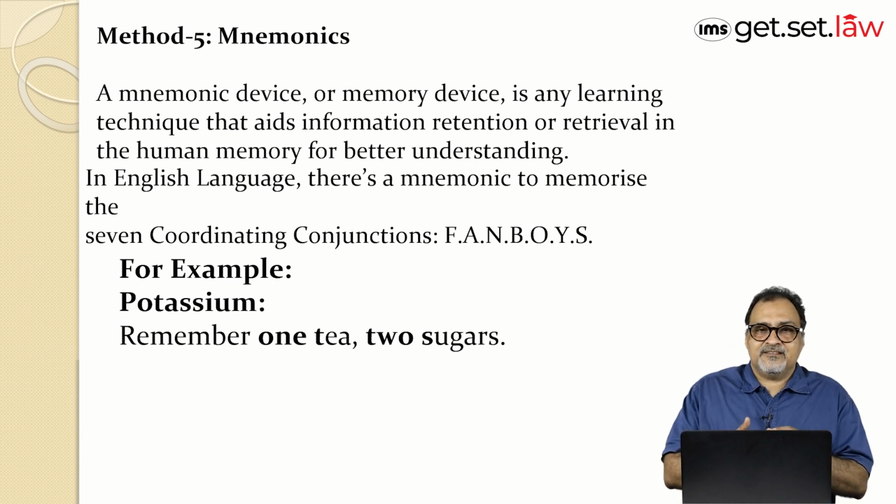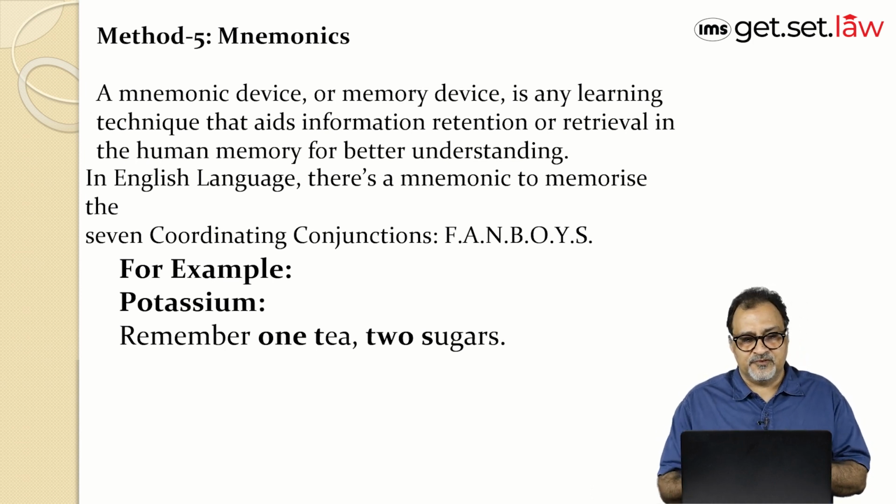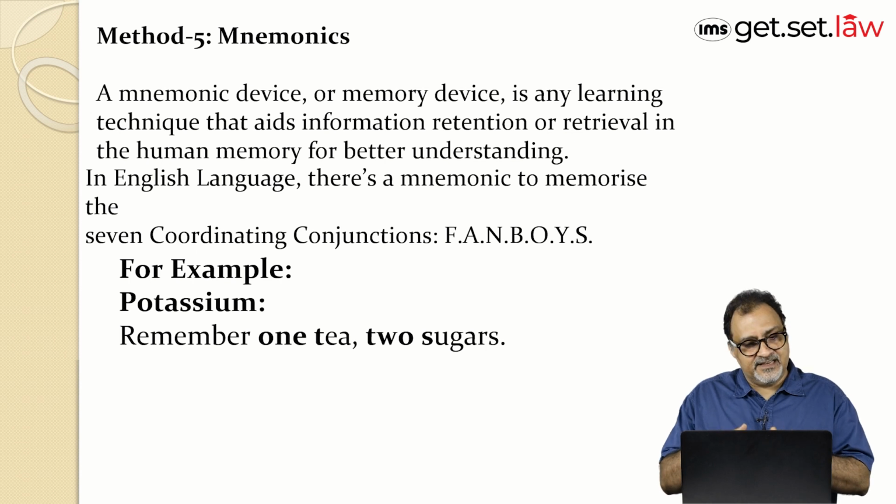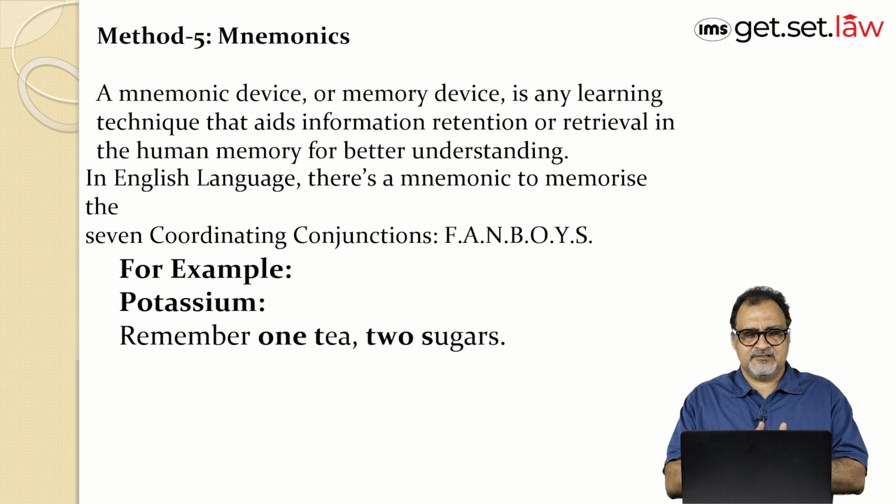For example, if I have a problem with remembering whether potassium has a single T or a double T, a single S or a double S, I remember potassium by saying 1 T, 2 sugars. So I won't forget the spelling.